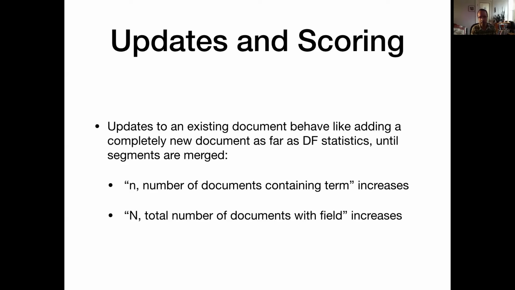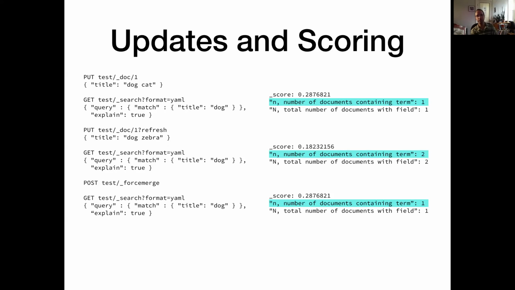When you update a document, in effect, what you're doing is marking the old document for deletion, and then writing a new version of the document. And that original version of the document that is marked for deletion continues contributing to term statistics until it's physically deleted.